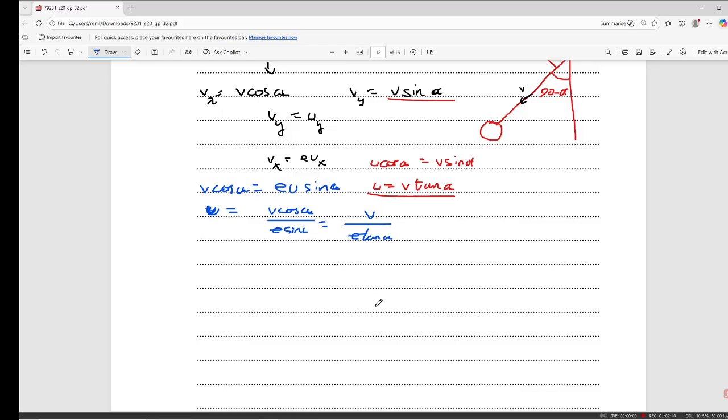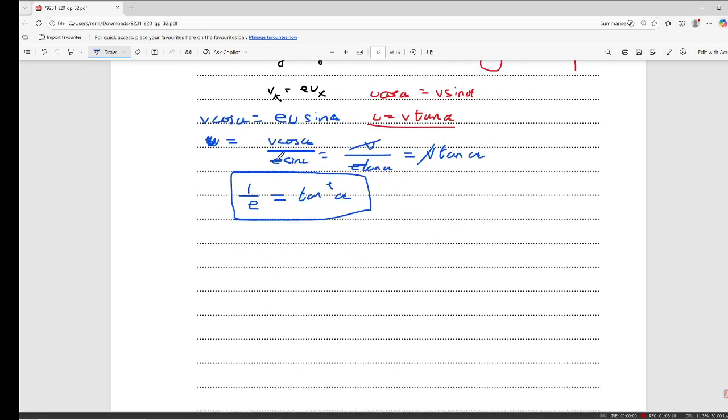Is that right? Yes, this is correct. Now u equals v tan alpha as well, so let's equate them. We can multiply and cancel, so we get 1 by E. Multiplying tan alpha on both sides, we get tan squared alpha. This is what we originally wanted, so we're right.